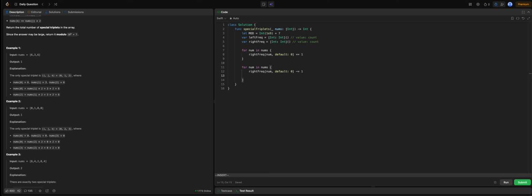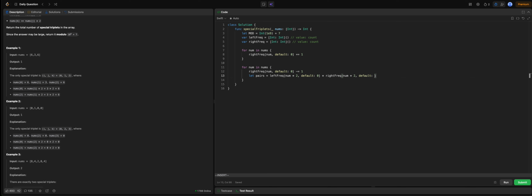So how are we going to calculate the pairs? Let's call it pairs, that will be the left frequent of num multiplied by 2, if it exists in our left frequent, multiplied by the right frequent of num by 2.